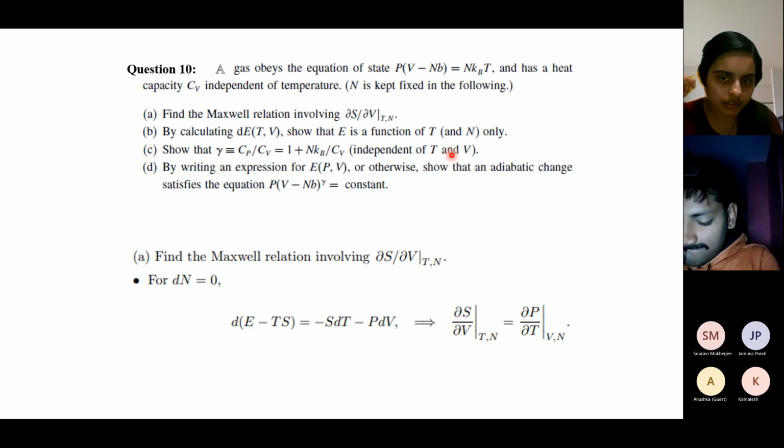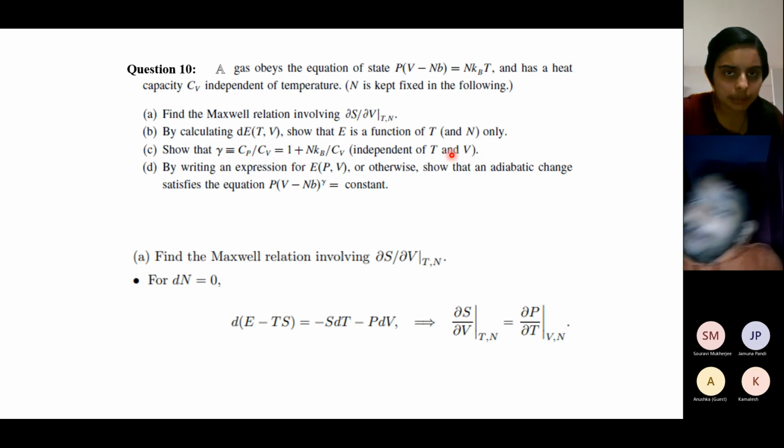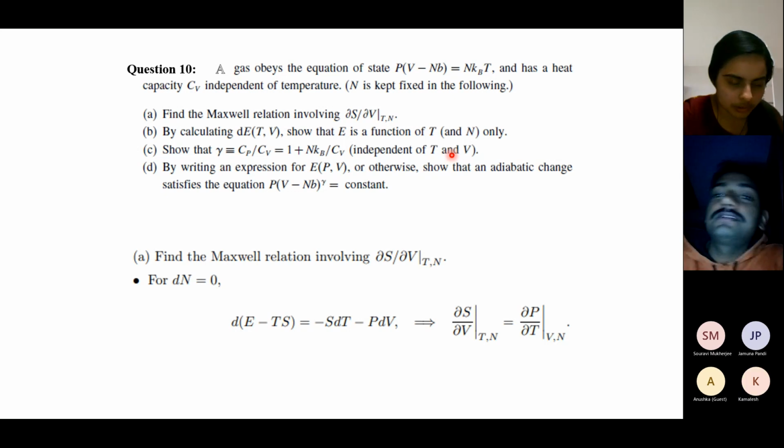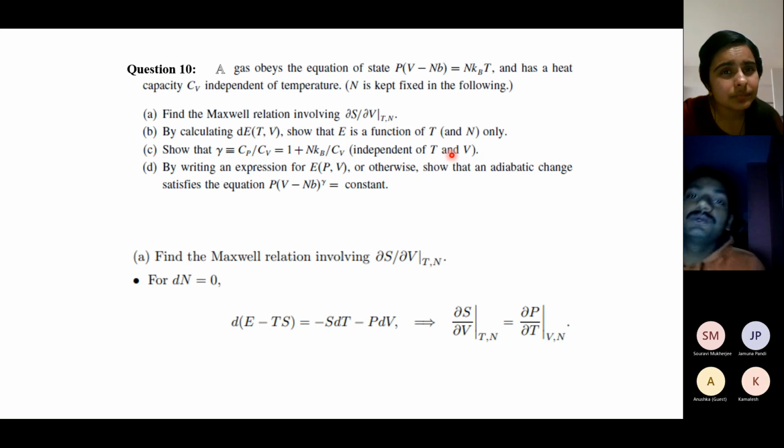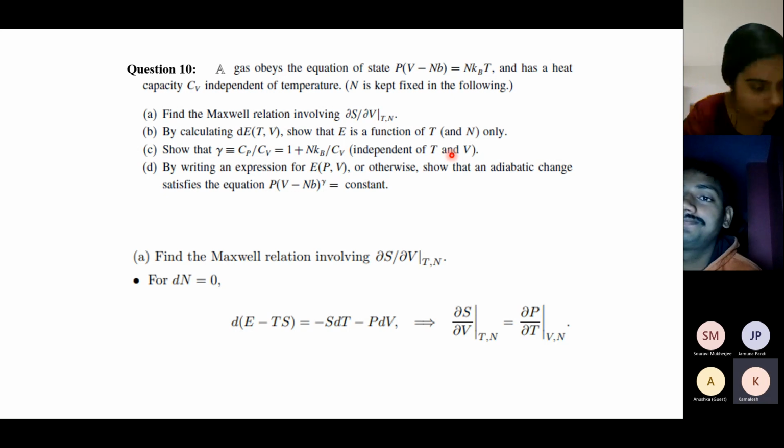Is that what you're saying? Yes, ma'am, that is always true. That's correct. But dq upon dt means it depends on T.